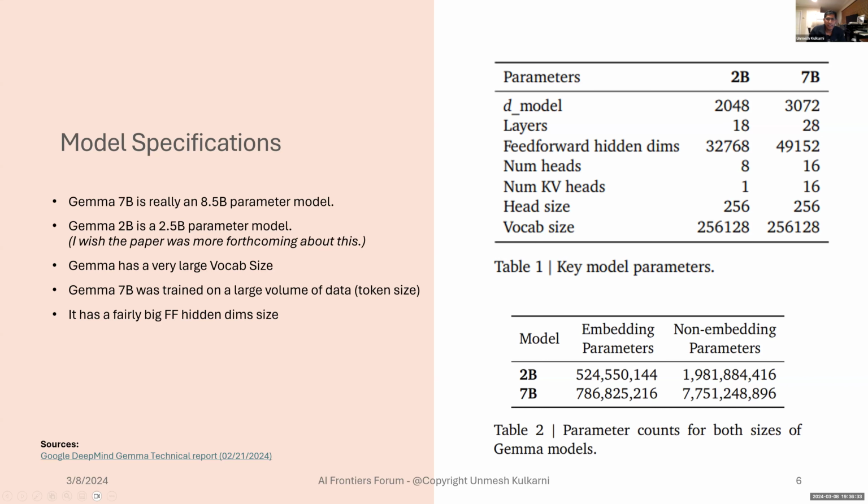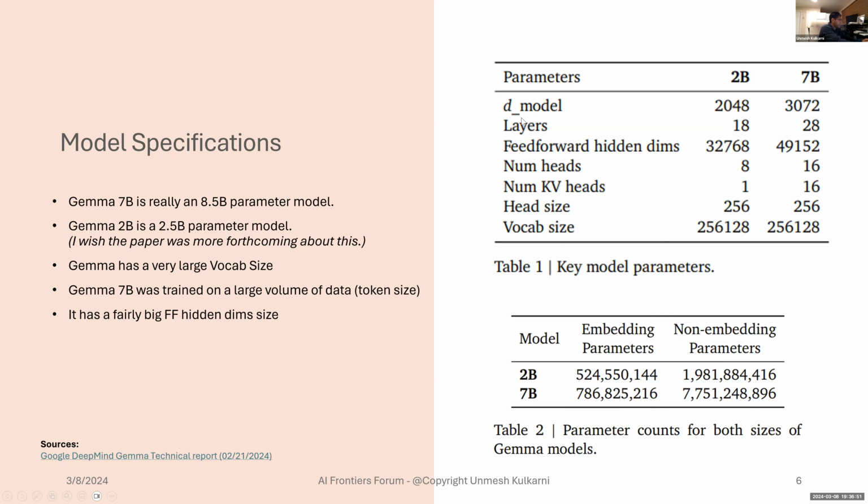Another interesting thing I found here, and if there are any Google experts in the audience, or anybody really deep into transformers who can help me understand this, it would be really good. But look at these parameters on the right side.